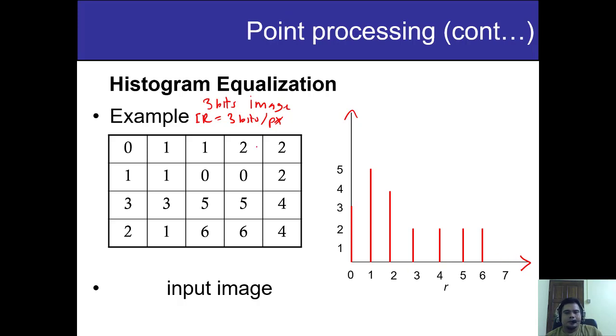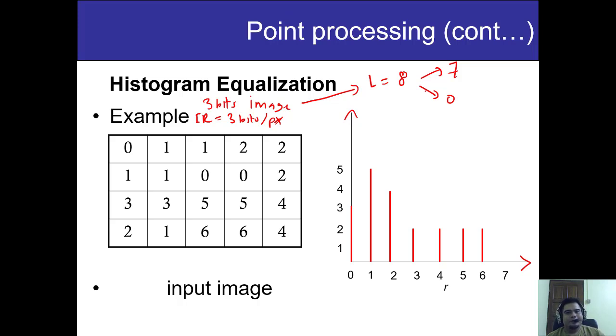Because this is 3 bits per pixel, L is equal to 8, or you have numbers from 0 to 7. 3 bit gives 8 based on experience, because the more time you deal with this, the more familiar it becomes.